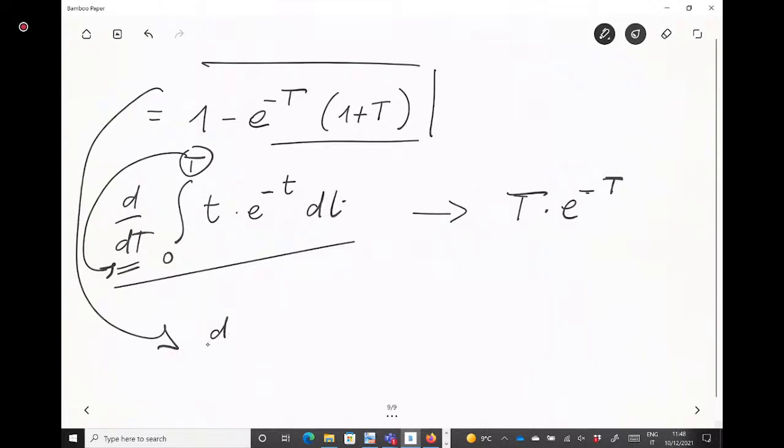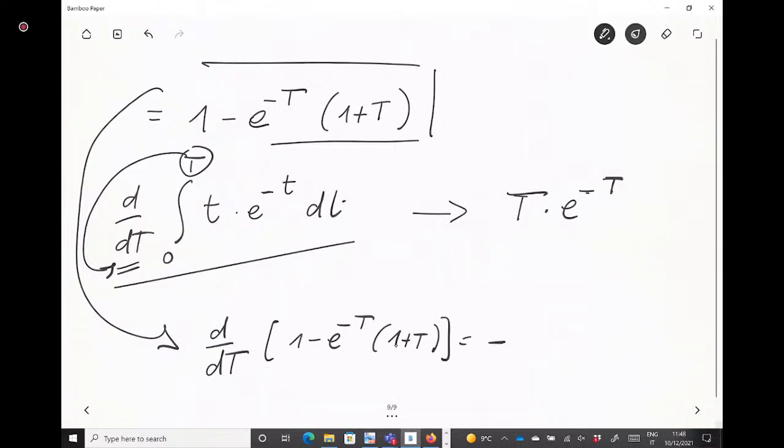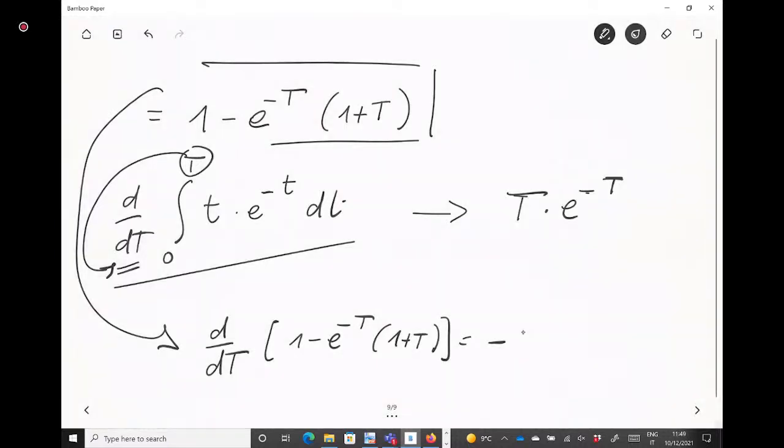So the derivative with respect to capital T of 1 minus exponential minus capital T times 1 plus T is equal to, so 1 minus the derivative of the first times the second plus first minus the derivative of the second times 1.